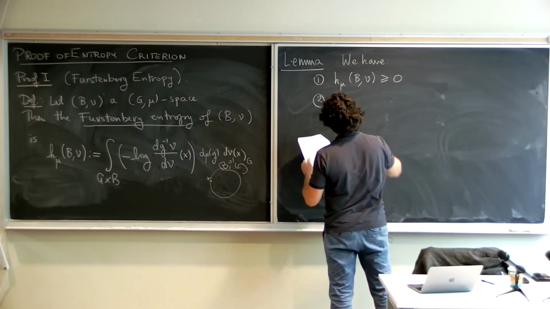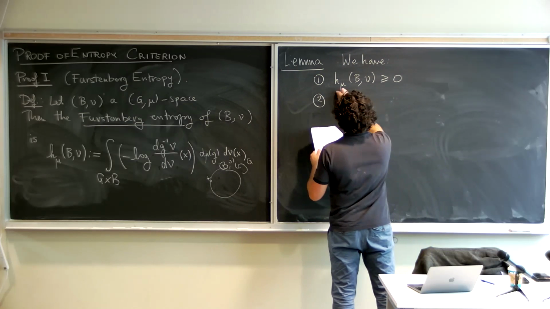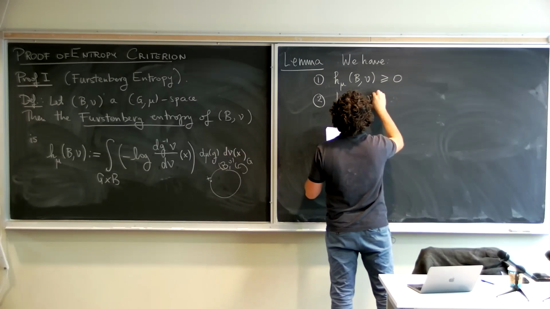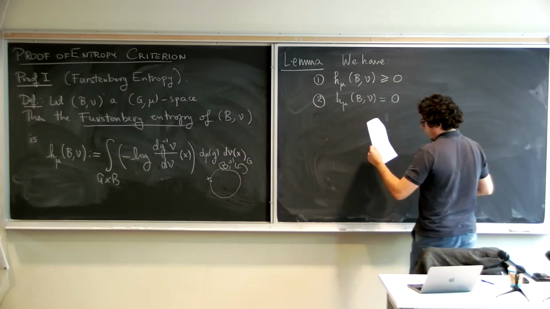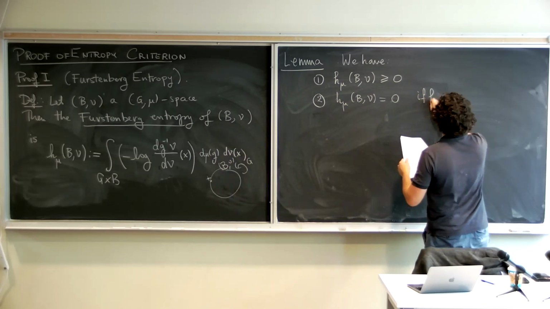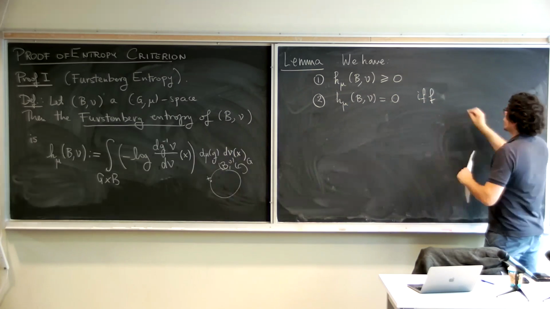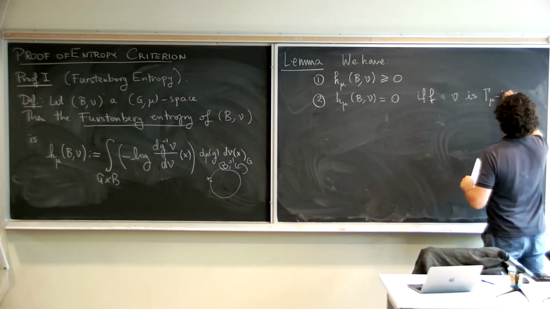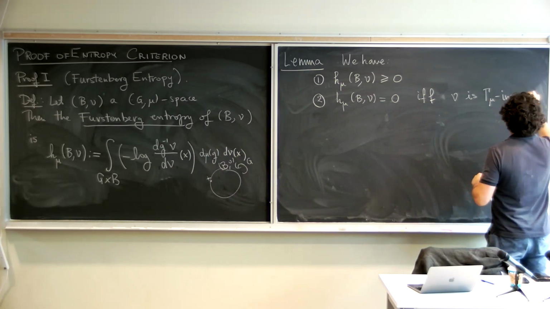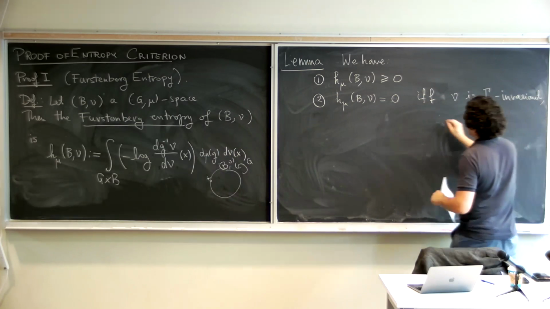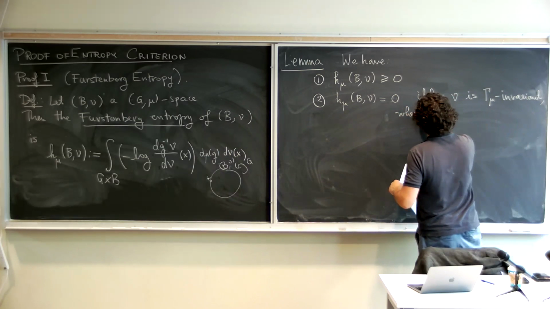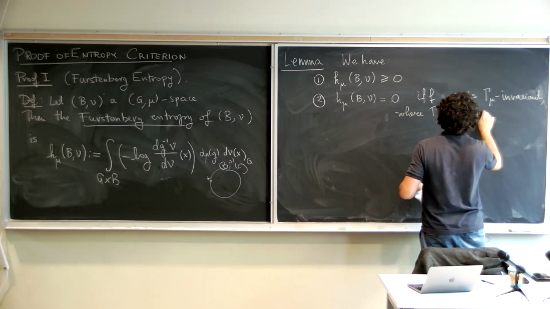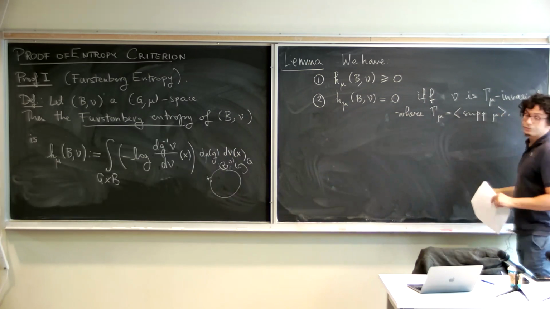The second is that H_mu(B, nu) is 0 if nu is Gamma_mu invariant, where Gamma_mu is the group generated by the support of mu.